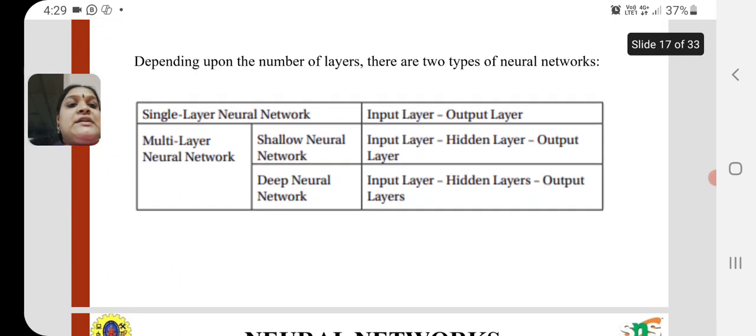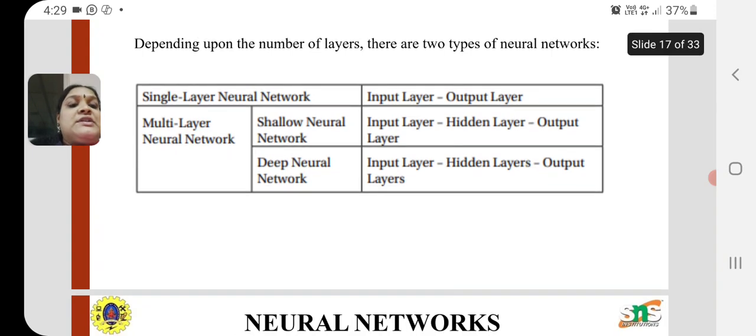So we will see the difference here. Under multi-layer, we have shallow neural network and deep neural network. A single layer network has only input layer and output layer. Shallow means it will have input, hidden and output, whereas deep neural network means there are a lot of hidden layers in between input and output.